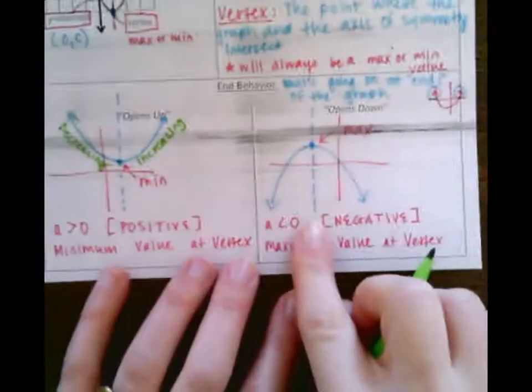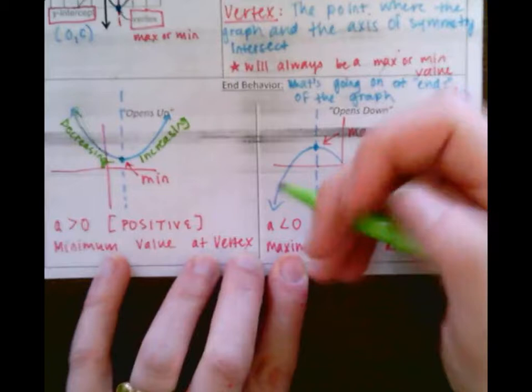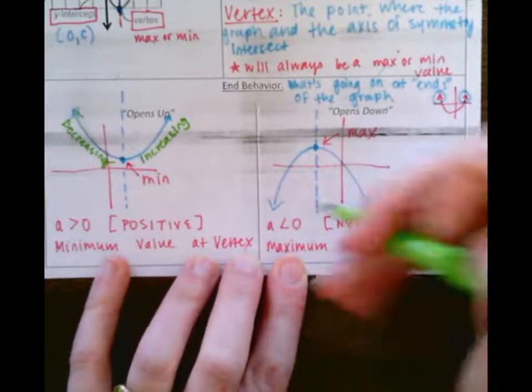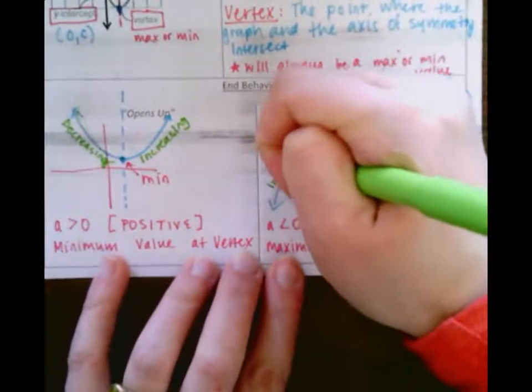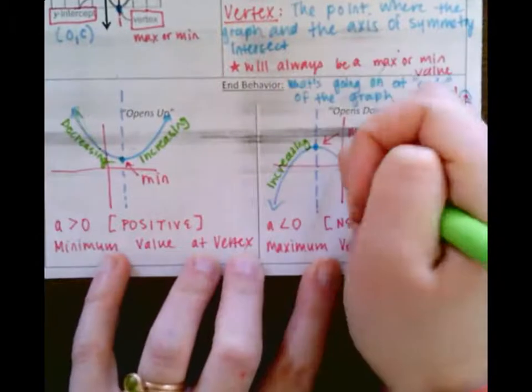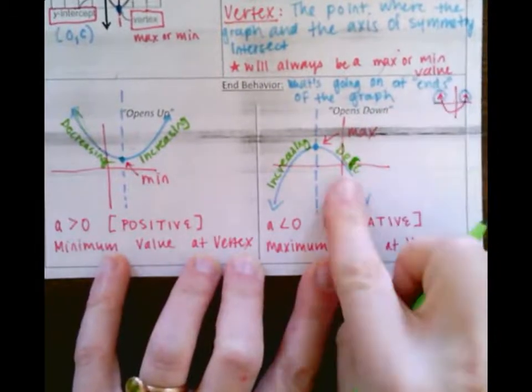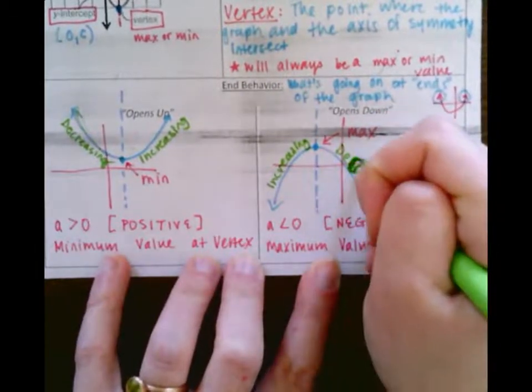And here in the opening down version, it's going to be the opposite, right? When we start off, we're going up, and then in the second half after the vertex, we're going down. I spelled decreasing wrong, but I'm going to try to fix it.